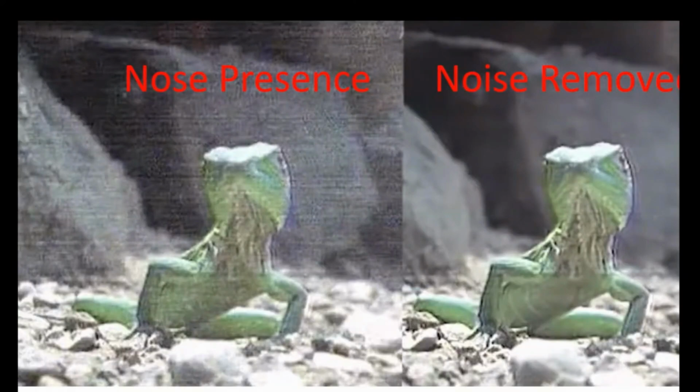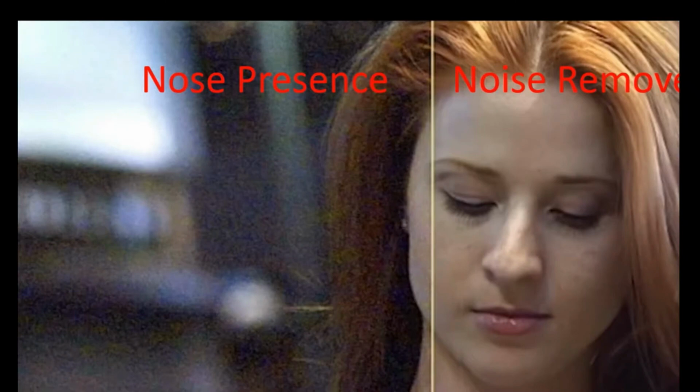Now let's talk about noise. What is noise and how does it occur? Digital images are prone to various types of noise. Noise is the result of errors in the image acquisition process that result in pixel values that do not reflect the true intensities of the real scene.